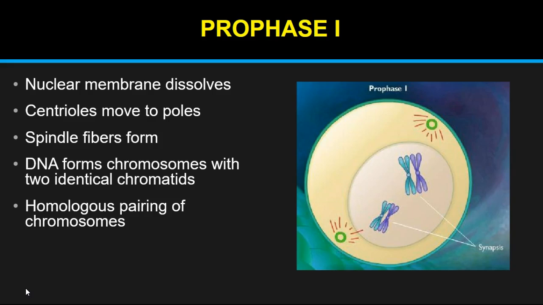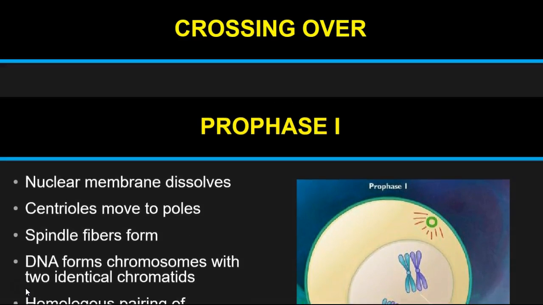One set of homologous pairs is larger, and the other set is smaller. But these homologous pairs kind of stand shoulder to shoulder with each other. So they're standing next to each other, and that's going to help with something called crossing over. And in prophase I, we see crossing over of chromosomes.